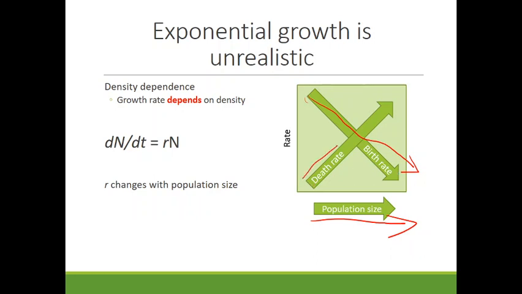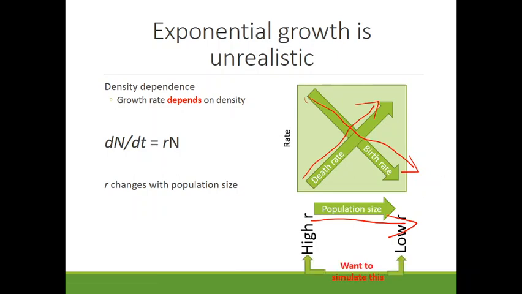Death rate then increases, right? The more starved these bacteria are, the higher the probability that each one is going to die. That's with just simple competition, but we can think about this with predation or parasitism too. So the r, the births minus deaths, is really high here, but over here deaths are really high, so there would be a really low r.